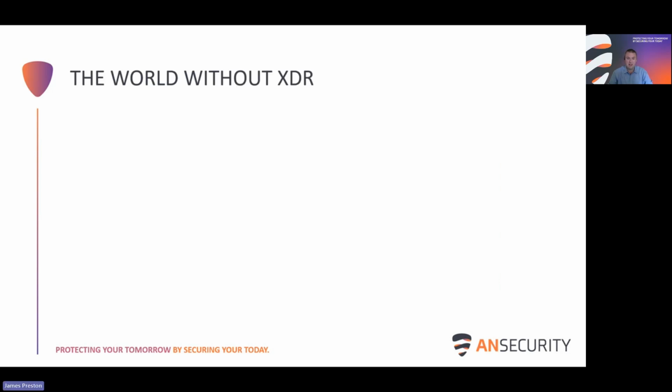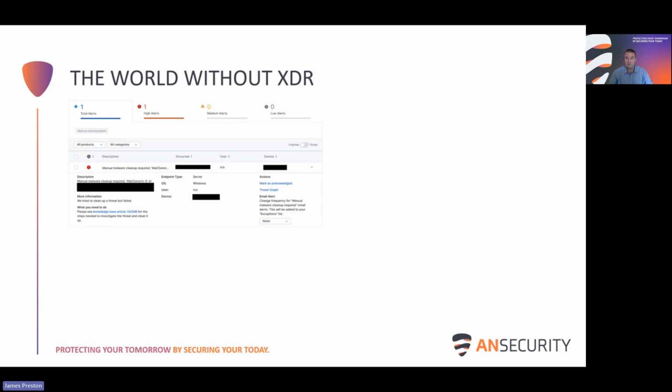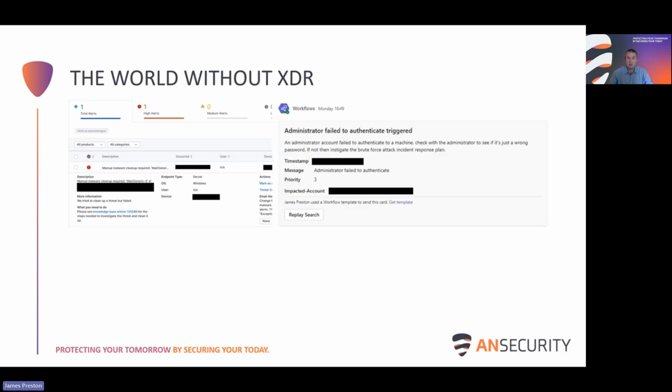So the world without XDR, the world without an XDR solution, perhaps the one that you're familiar with already. First, we might have our anti-malware service providing some form of an anti-malware dashboard, such as the first screenshot that we have here, presenting data in one form. We might then have another cybersecurity solution that's detecting abnormal logins or failed login attempts for our critical and important service accounts or administrator accounts.